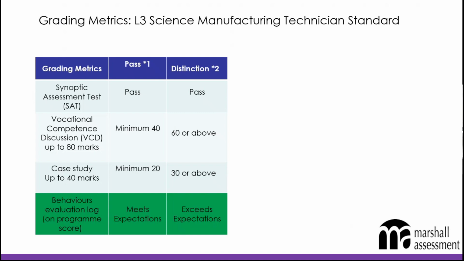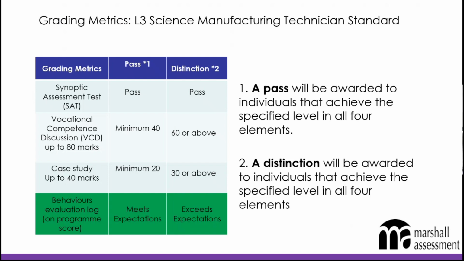And then finally, in the green box at the bottom, we're talking about the behaviour logs. So this is something, remember, that you've given to us, or your training provider or your employer will have done at Gateway, and you've got various different behaviours, like 7 or 8 in this particular standard, and you need to have been marked at exceeding expectations in each of them in order to get distinction for your behaviours, okay, overall.